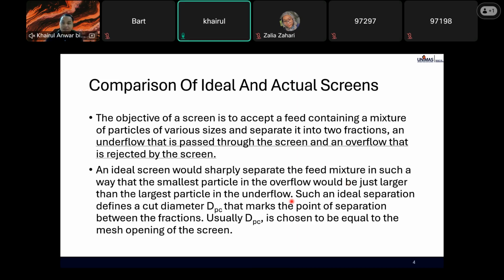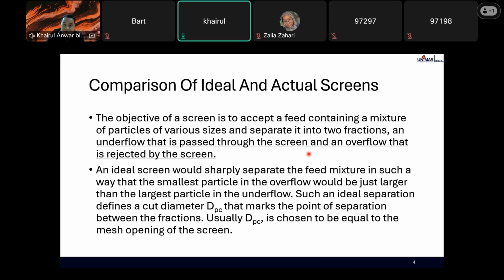The comparison of ideal and actual screen. The objective of a screen is to accept a feed containing a mixture of particles of various sizes and separate it into two fractions, an underflow and an overflow. This is another word that you need to learn. So you will learn about fines, undersize, underflow.